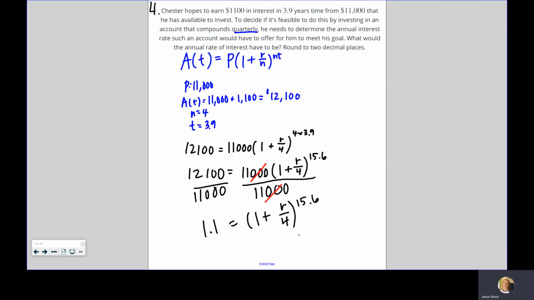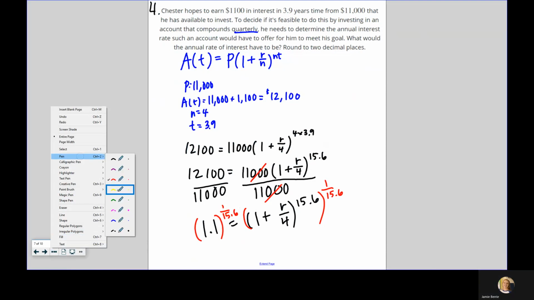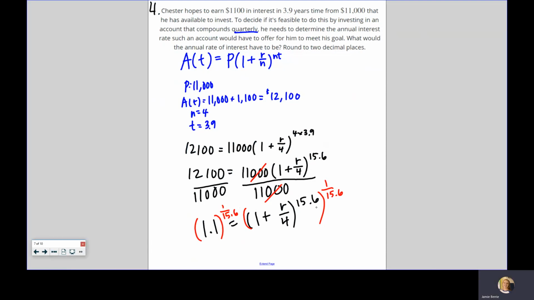Now remember what we did earlier to get rid of this exponent. We said we could raise both sides to the 1 over 15.6, and that would get rid of that exponent. On the right-hand side, if we're doing a power to a power, we multiply them. So 15.6 times 1 over 15.6 would just be 1, so that cancels.